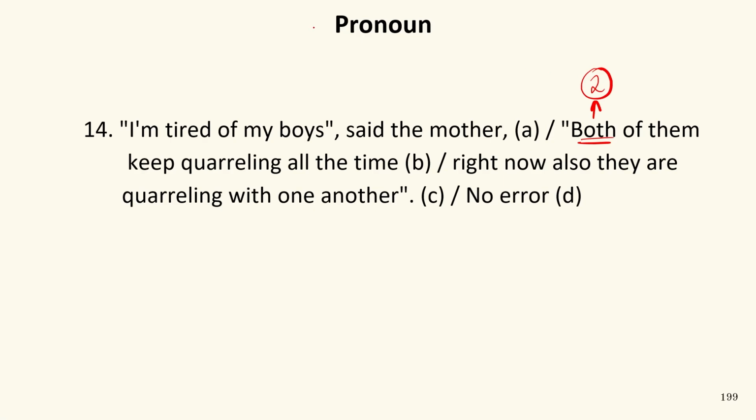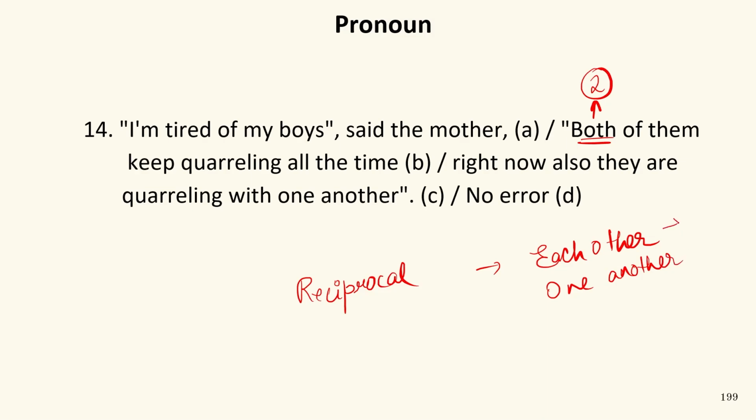And if there are only two persons, we have learned in the concept of reciprocal pronouns that we have two types of reciprocal pronoun, each other and one another. Now each other is used for only two persons, whereas one another is used for more than two persons.